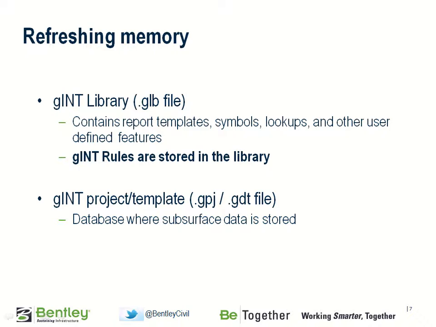It's a GPJ file, which stands for gINT project, or a GDT file, which stands for gINT database. These are pretty much the same file, with the exception that a template is an empty file, an empty database structure, and a gINT project is a clone of a database template that is then populated with data. So GPJ is a database where subsurface data is stored.